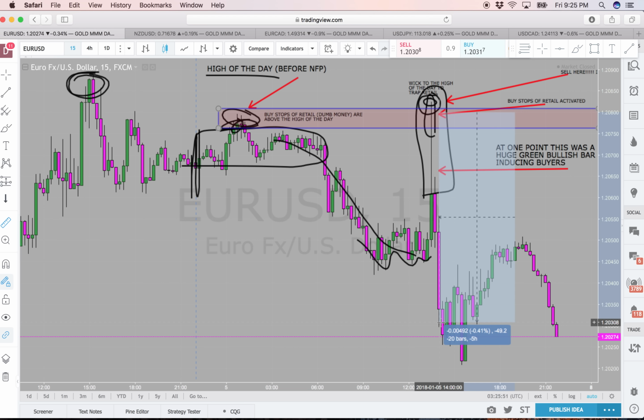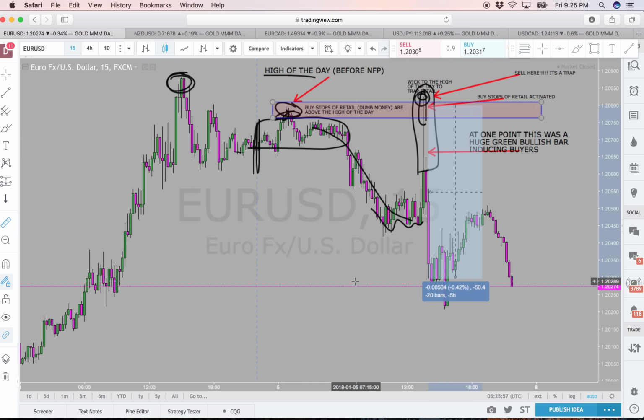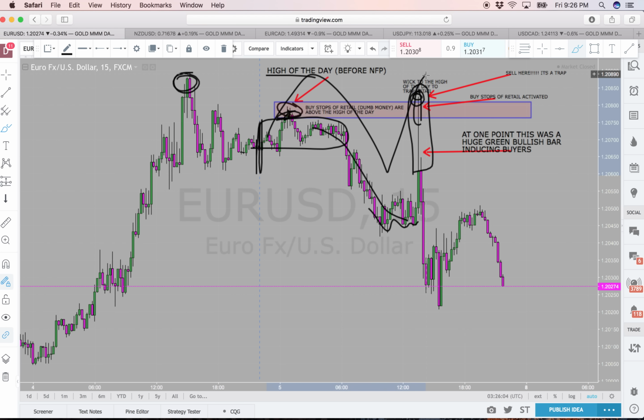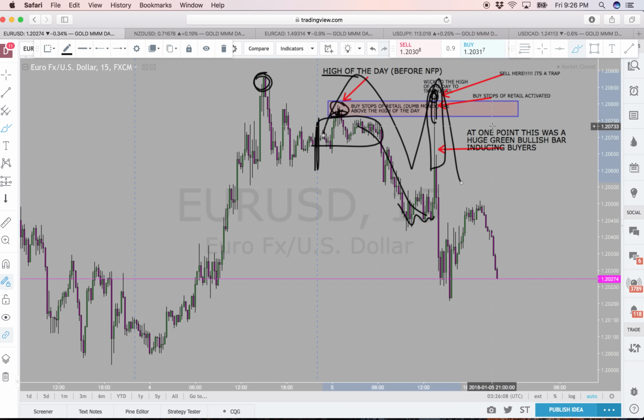Within two 15-minute candlesticks, we had 50 pips of profit. Very easy trade. Just trading the highs and the lows. This is an M formation right here off of the high. Beautiful trade.